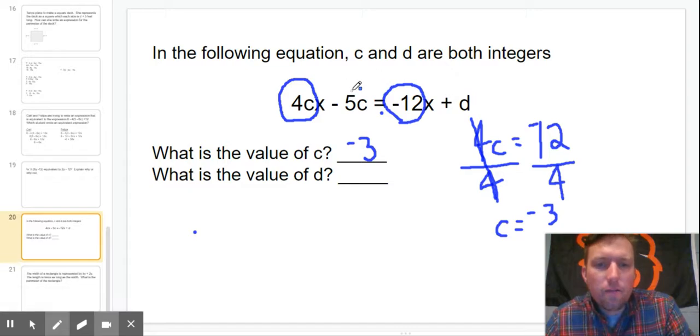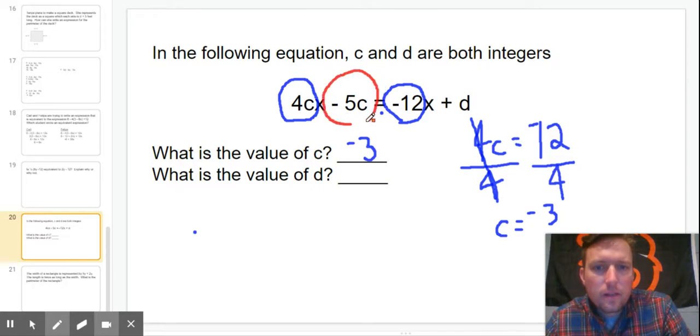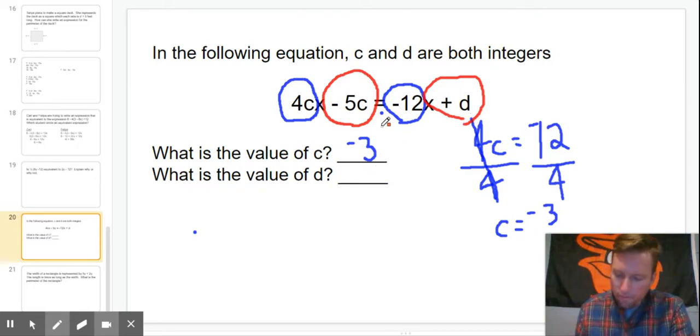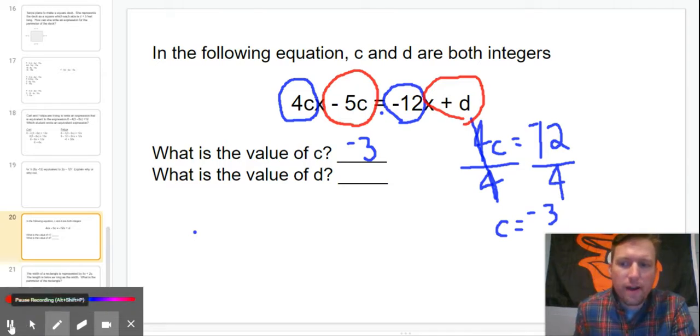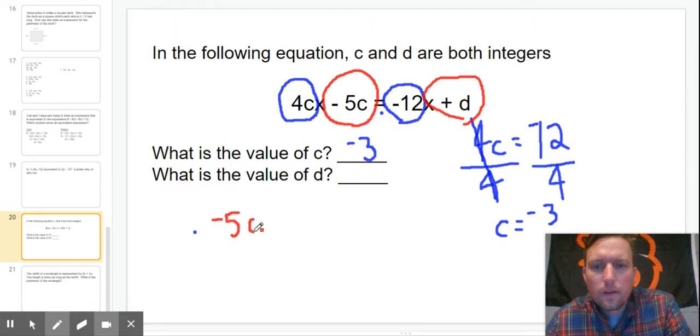We can then focus on the other part of our problem here, which is negative 5c is equal to d. And we can use this smaller problem to solve this. So what we would do is rewrite this with negative 5c equaling d.